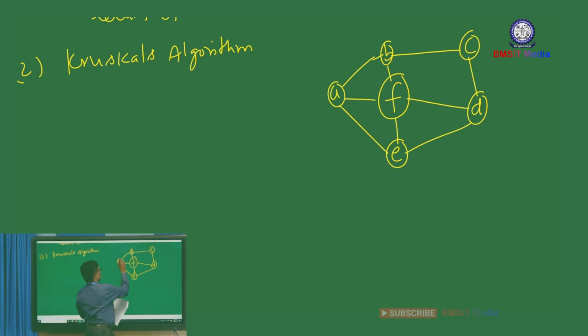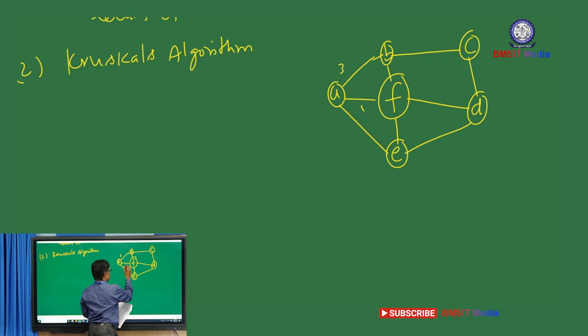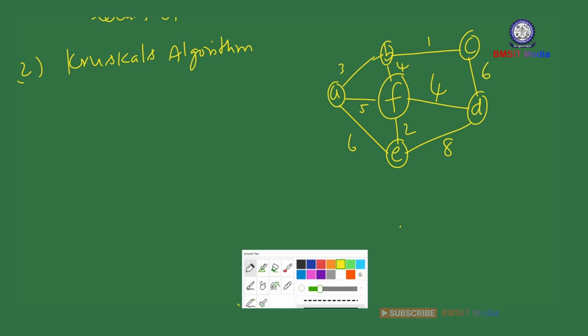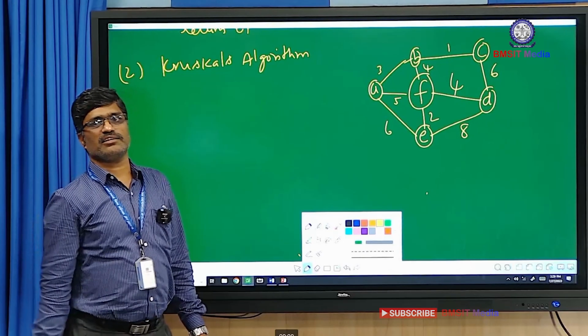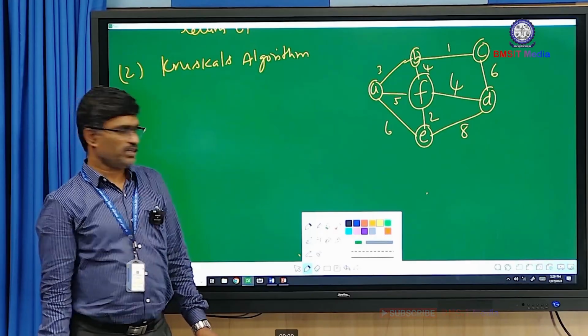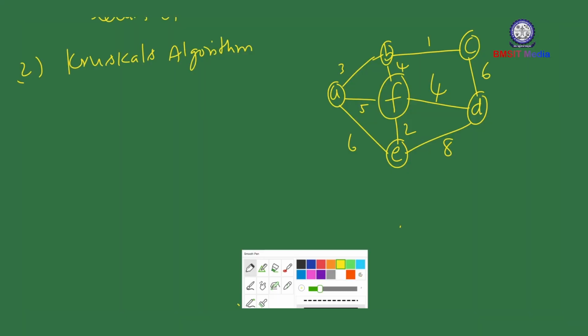A to B 3, then 5, 6, 1, 4, 4, 2, 8, 6. All the edge values must be given, otherwise we cannot solve the problem. Using Kruskal's algorithm also we will solve it. What is the minimum cost we will get? We will see it.